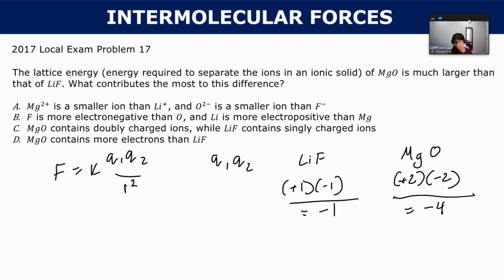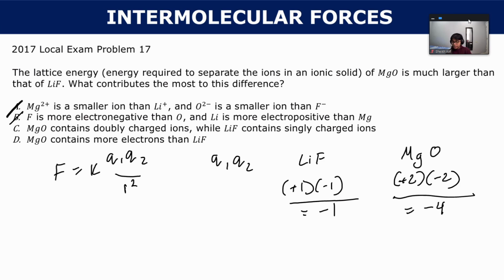That's not very relevant. Let's look at B. Fluorine is more electronegative than oxygen, and lithium is more electropositive than magnesium. I mean, this would make a difference if we were looking at dipole energies or dipole forces. But again, we're looking at ion-ion forces, so this doesn't really make sense.